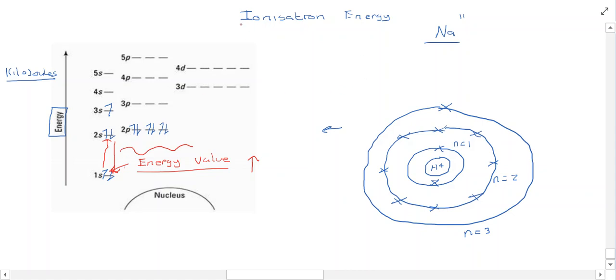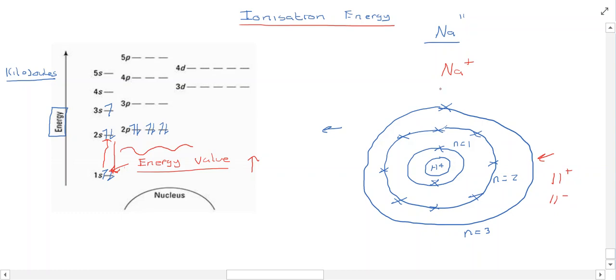Now, when we're talking about ionization energy, if we want to turn sodium, for example, into Na+, then when it's like this it has 11 positive charges and 11 negative charges.